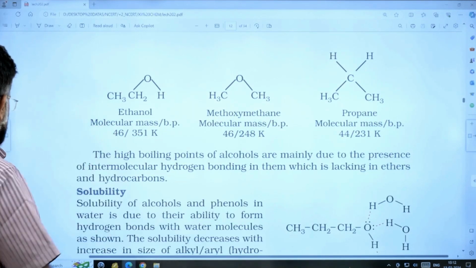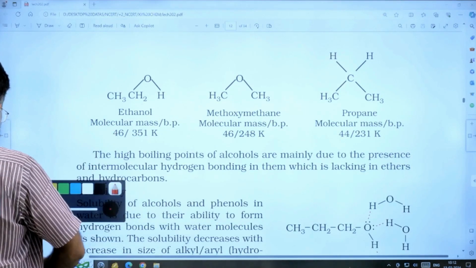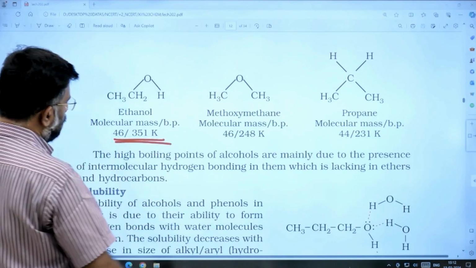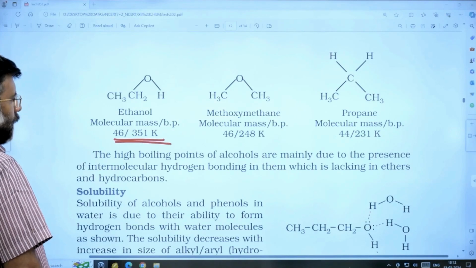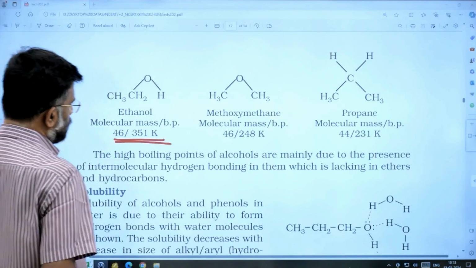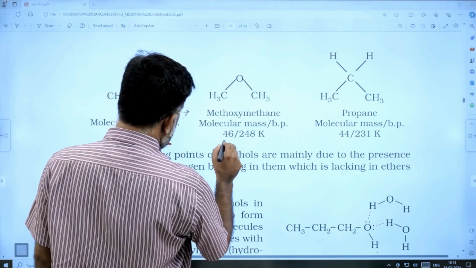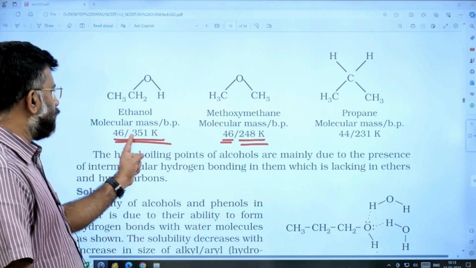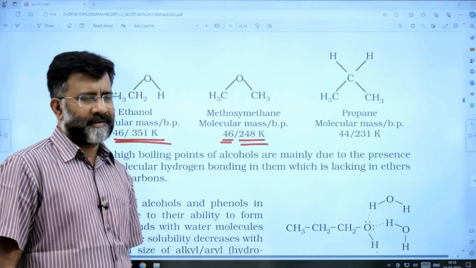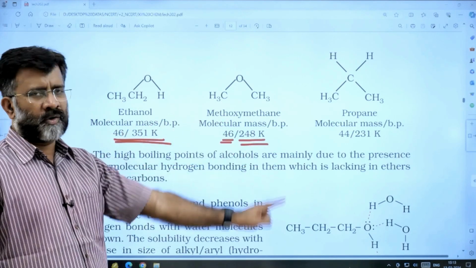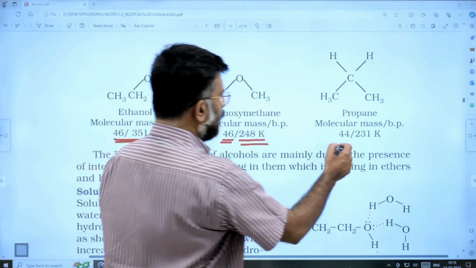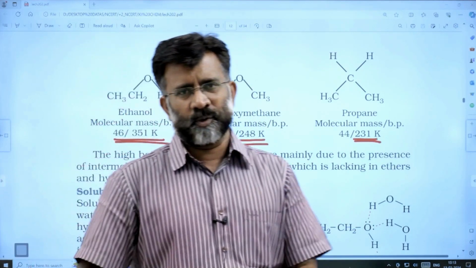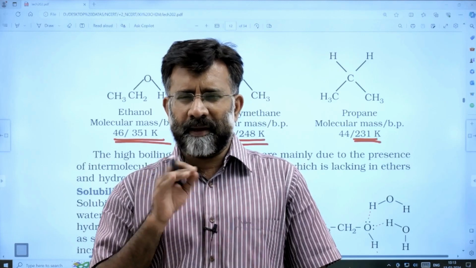You see the comparative boiling points measured here. For ethanol, 351 Kelvin is the boiling point, molar mass 46, while dimethyl ether, its isomer, has 248, and the alkane is much lower, 231, of comparable molar mass.